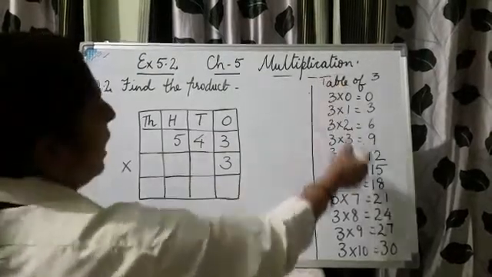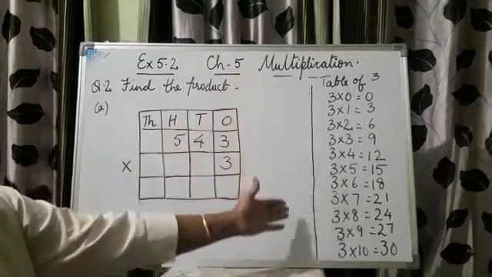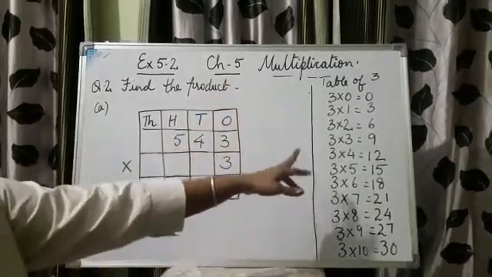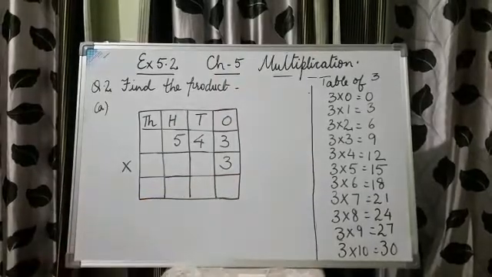Again children, I have written the table of 3 here so that it becomes easy to solve the sum. Till now you must have come to know that with the help of this table on the side we are able to solve the question easily.